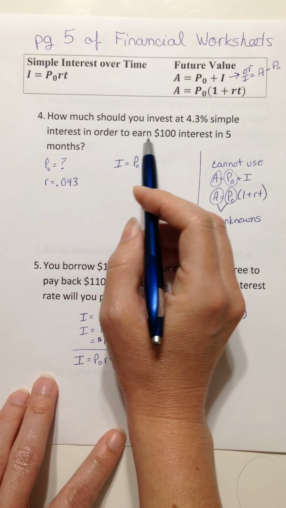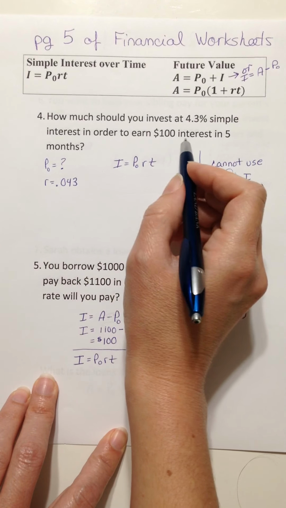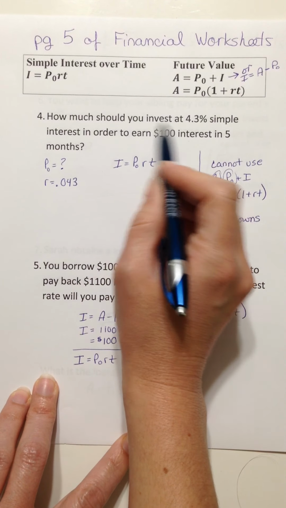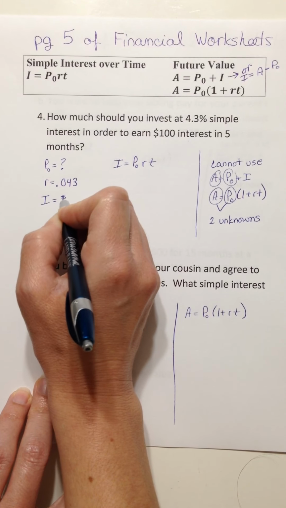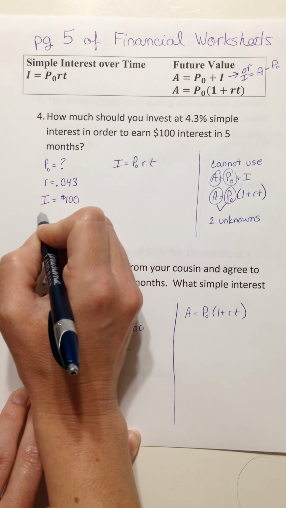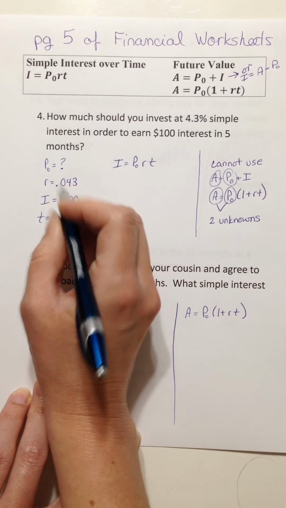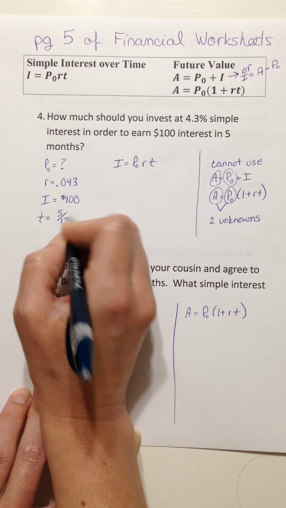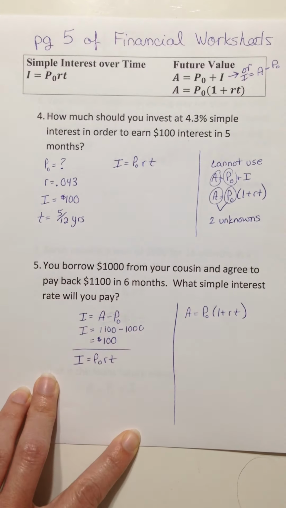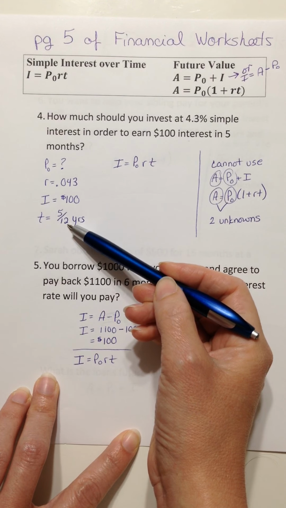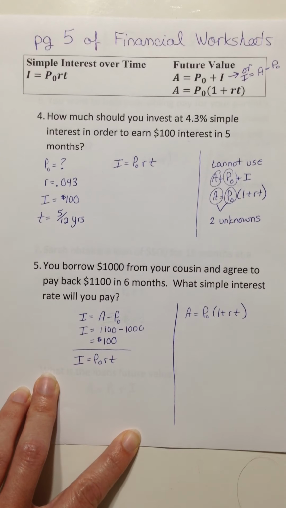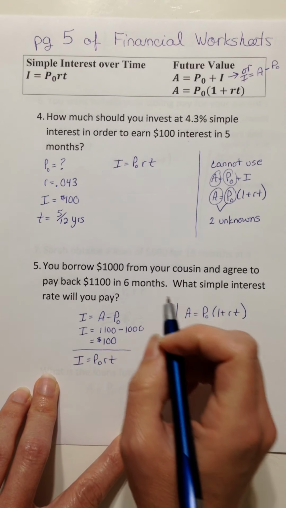In order to earn $100 interest, so this is the amount you want to earn, not the end amount. So that's the I. In 5 months. So 5 months would have to be converted to years. There's 12 months in a year, so you have to divide it by 12. 5/12 of a year is the same as 5 months.